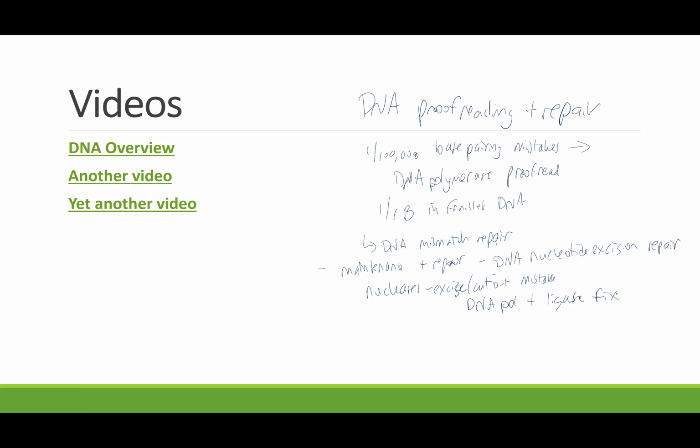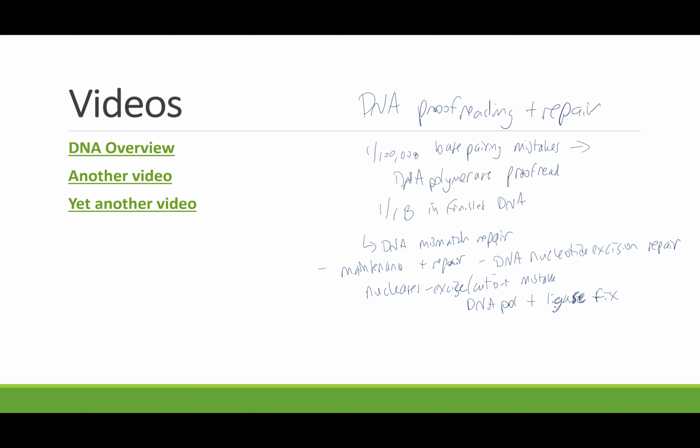So there can be mistakes in replication, there can be damage to DNA later, but your cells, again, are still trying to maintain and repair and keep the DNA structure intact, keep those base pair orders intact. Which again, I think is pretty amazing that your cells are able to proofread and later even fix issues that come not from replication errors, but from other physical or chemical stresses that can cause damage to the DNA.